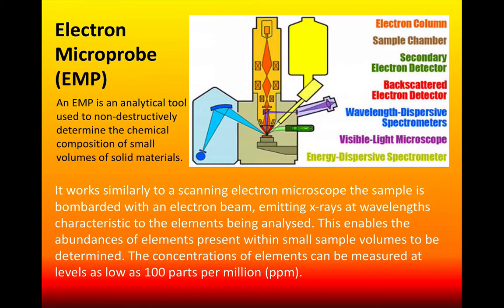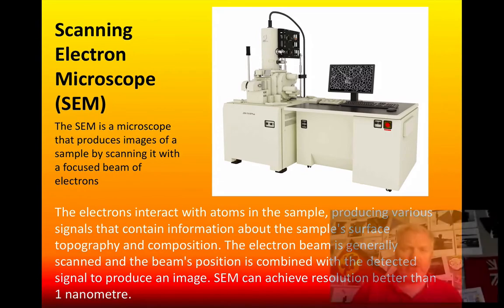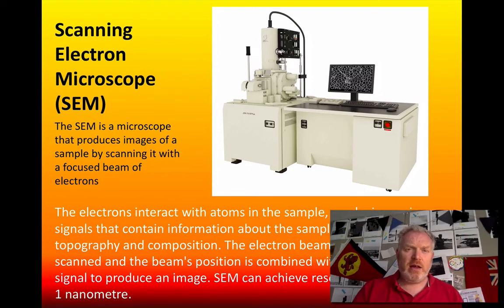To actually see what these minerals look like, we need to use a device called a scanning electron microscope. This is a similar type of idea because it still fires a beam of electrons at a tiny sample of the mineral.